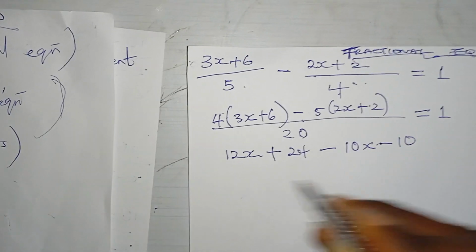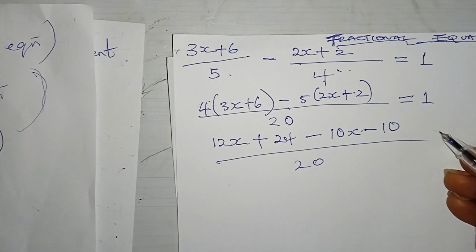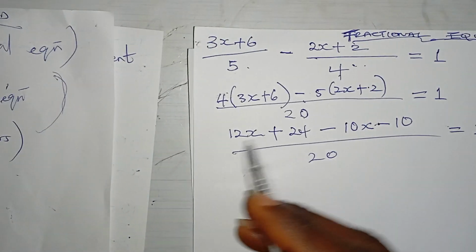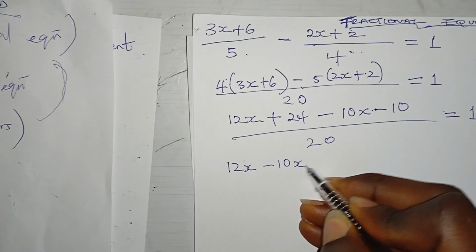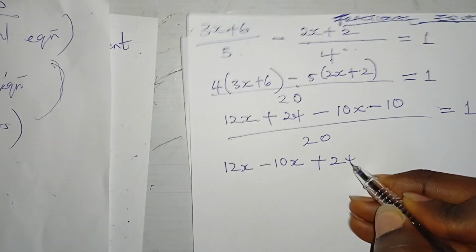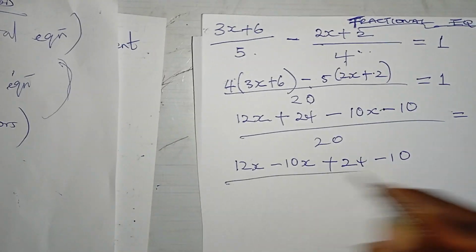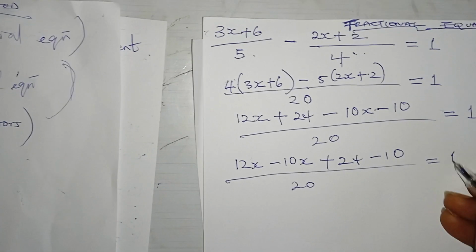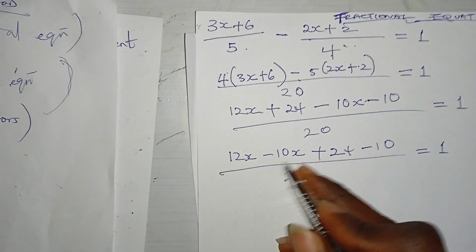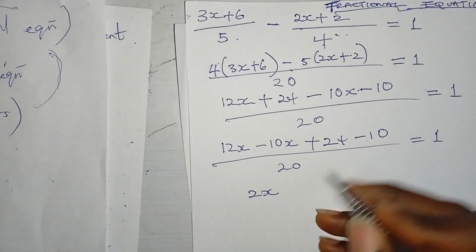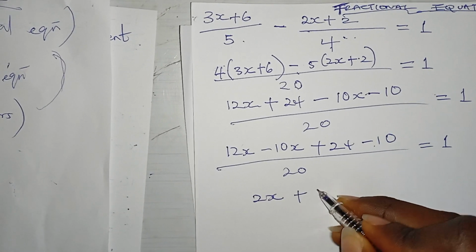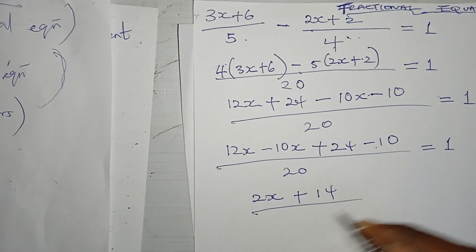So collecting like terms, I have 12x minus 10x plus 24 minus 10 all over 20 equals 1. So 12 minus 10 is 2x, 24 minus 10 is 14, all over 20 equals 1.